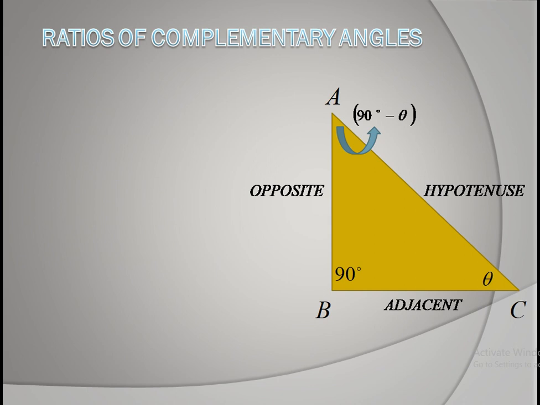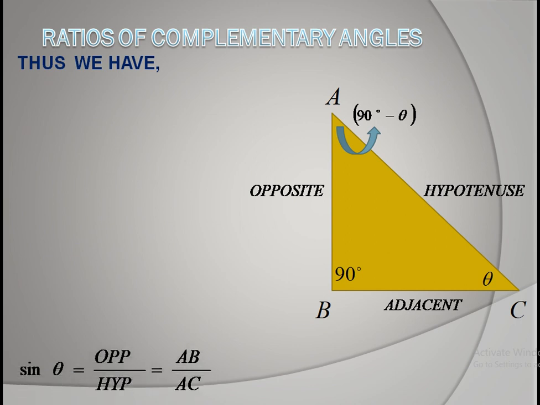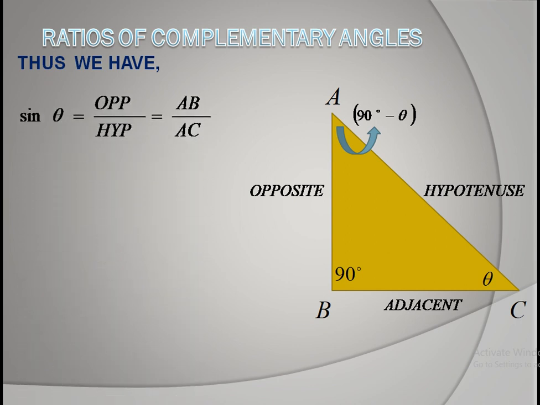Now first we find trigonometric ratios for the angle C. That means for the angle theta. Let's see. Sin theta is equal to opposite by hypotenuse. We know it, student.